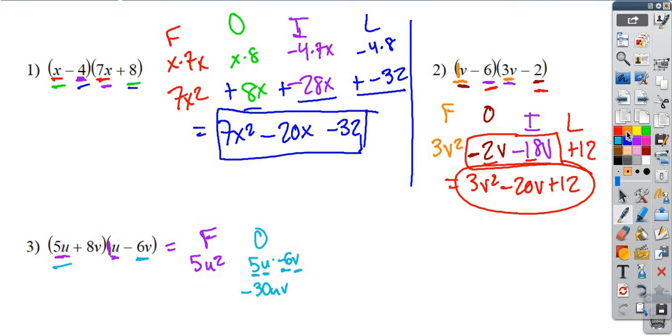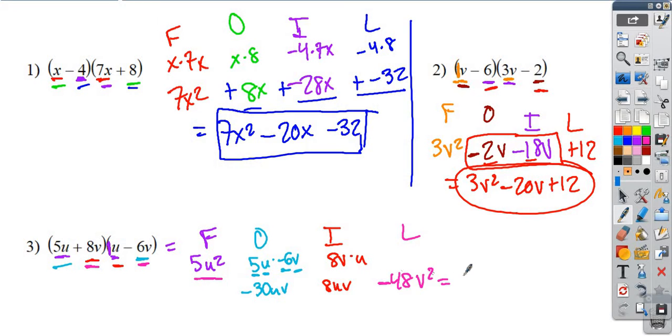There's no way you can simplify those any further because they're not like terms. The inside terms would be 8v times u, and that's 8uv or 8vu. It doesn't matter which order you put the variables. And finally the last terms would be 8v times negative 6v. 8 times negative 6 is negative 48, and v times v is v squared.